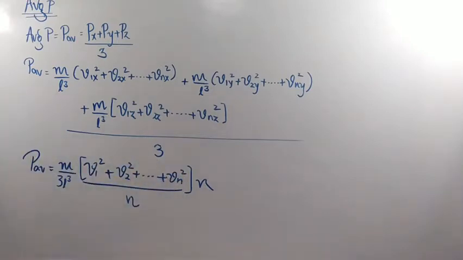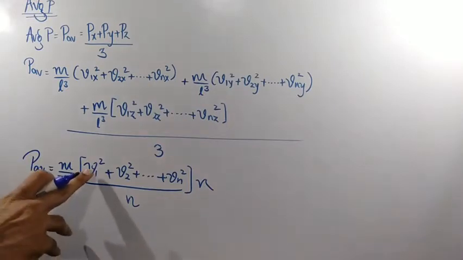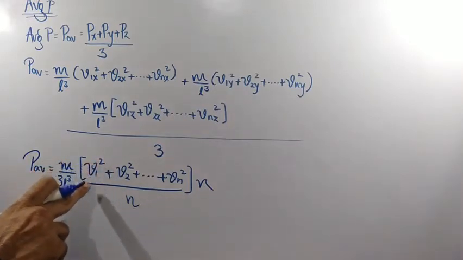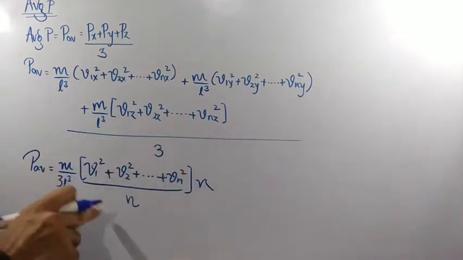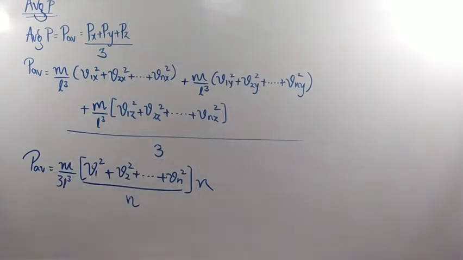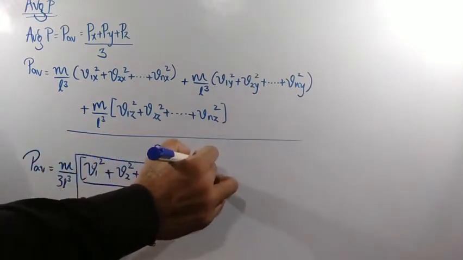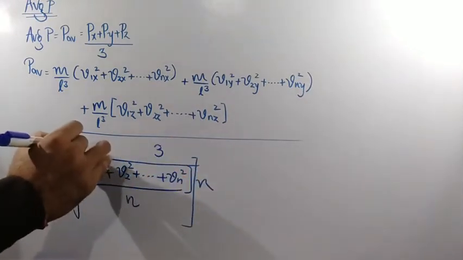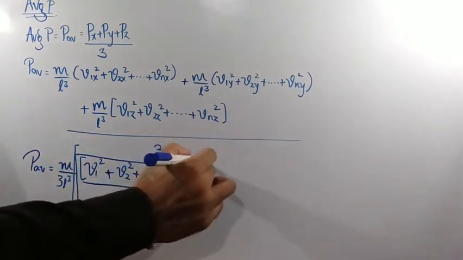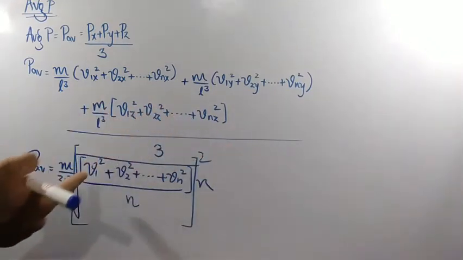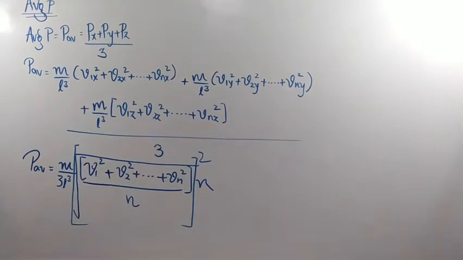Now listen. For this complete term, V1 square plus V2 square plus so on up to Vn square, whole divided by n, if I take the root and if I square this term, the value will be unaltered, unchanged. The square root will get cancelled, again the same quantity.